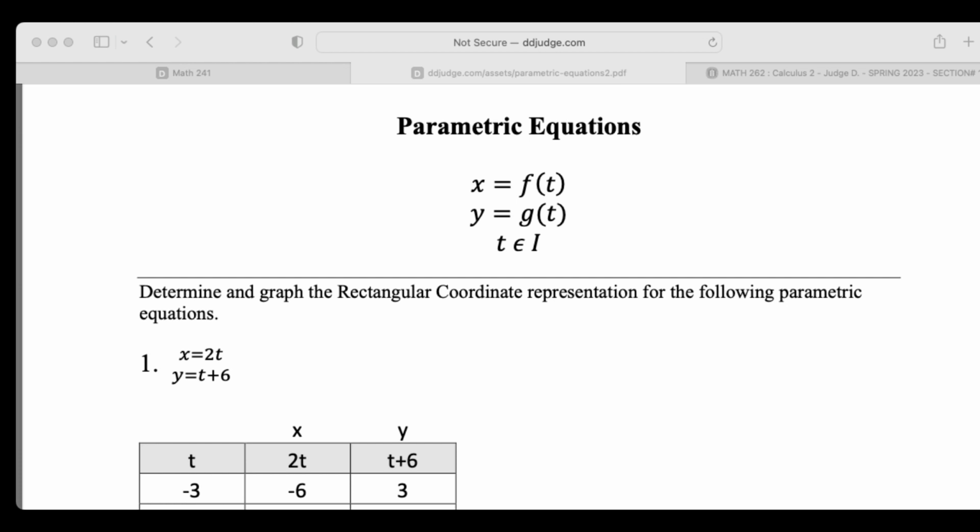So I'm going to create a new note. I'm also going to go to the Calculus 2 version. Where are you, Calculus 2?